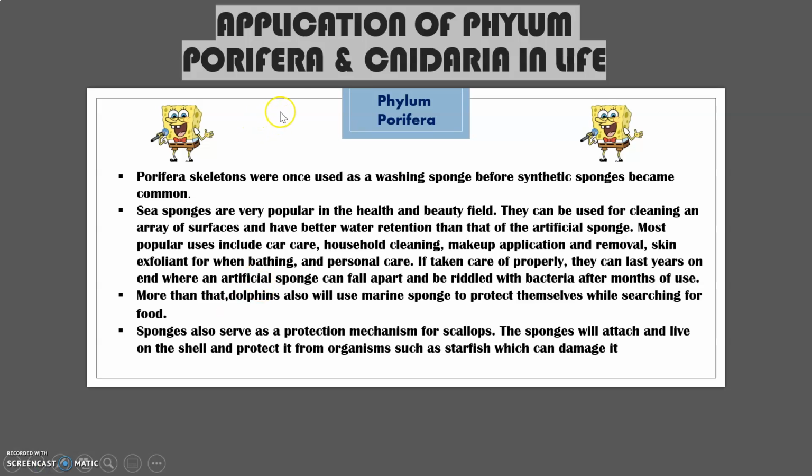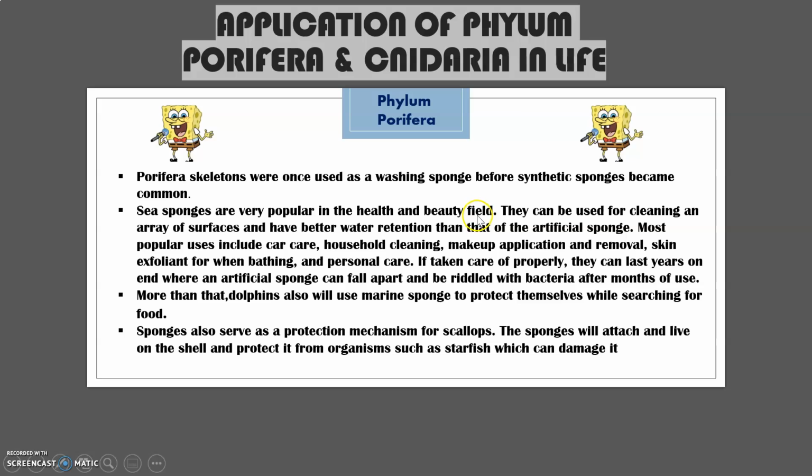Next is the application of Phylum Porifera and Cnidaria in life. This is the application of Phylum Porifera. Porifera skeletons were once used as washing sponges. We can use them in our daily life, and these sponges are very popular in the health and beauty field.